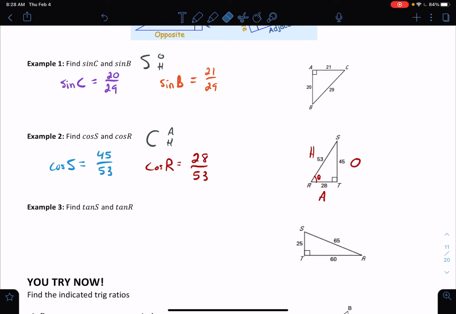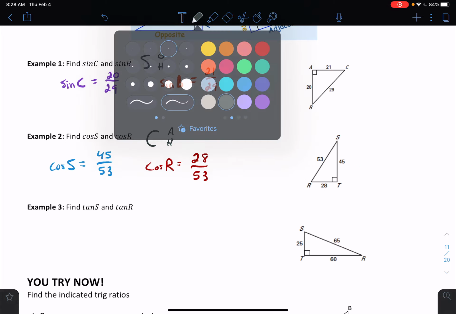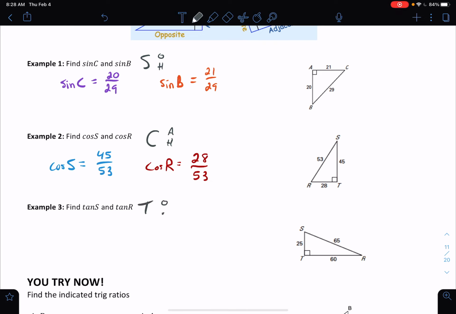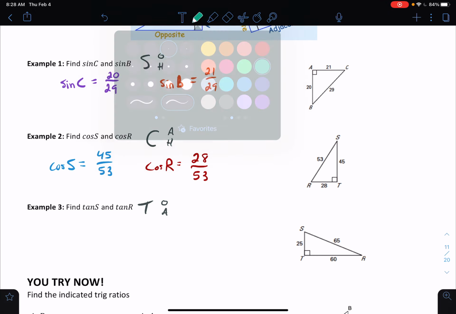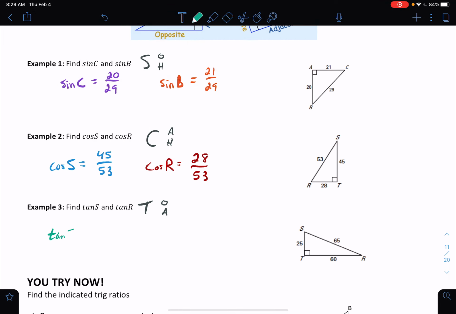And then we get tangent. Tangent is opposite over adjacent. That's my TOA of SOHCAHTOA. So if I want to find tangent of S, if S is my theta, I'm just going to label the side lengths. 60 is the opposite, 25 is the adjacent, 65 is the hypotenuse.